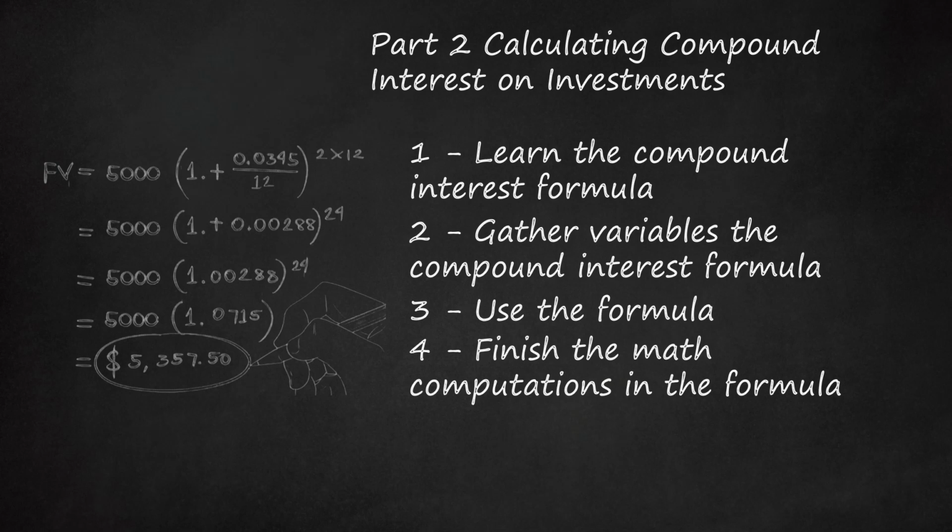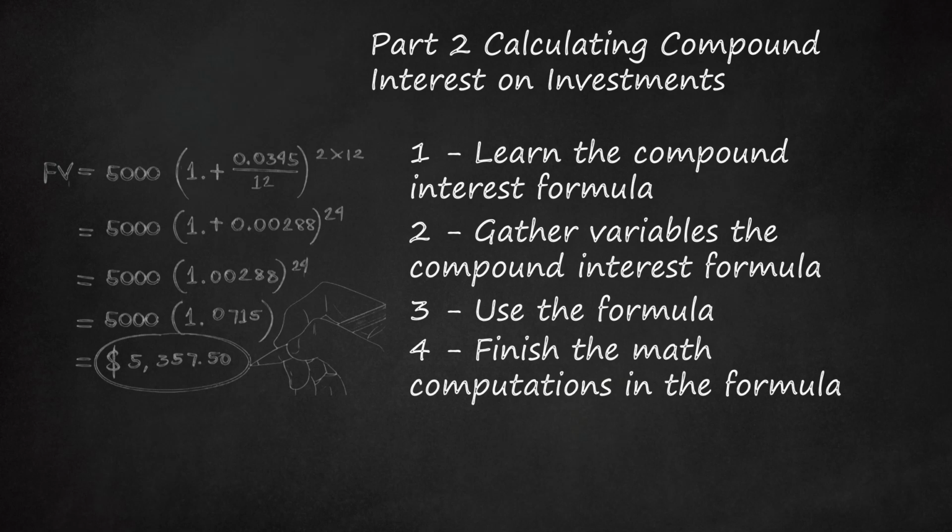Solve the multiplication within the exponent. The result should look like this: FV = $5,000 × (1.00288)^24. Raise the number within the parentheses to the power of the exponent.